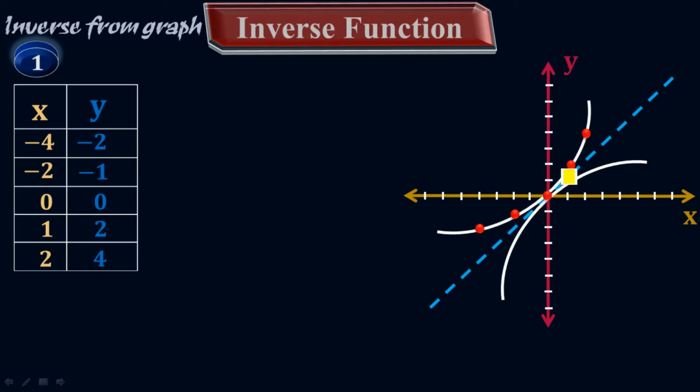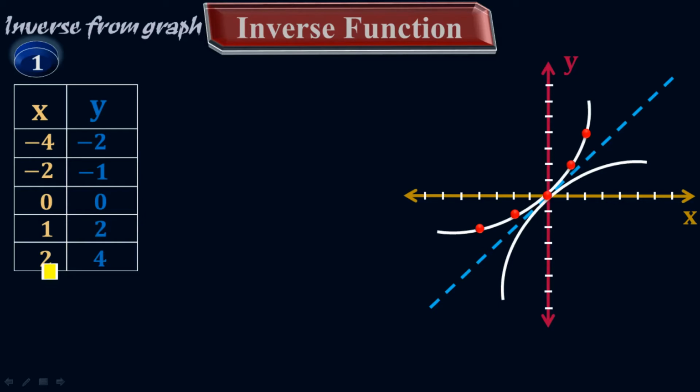But when I go more than 0, like here, at x equals 1, my y value will be 2. Look, I'm talking about the original graph. I didn't touch the inverse function graph. First, I'm talking about the original graph of a function. So at +1 along the x-axis, it makes the point at +2 along the y-axis.